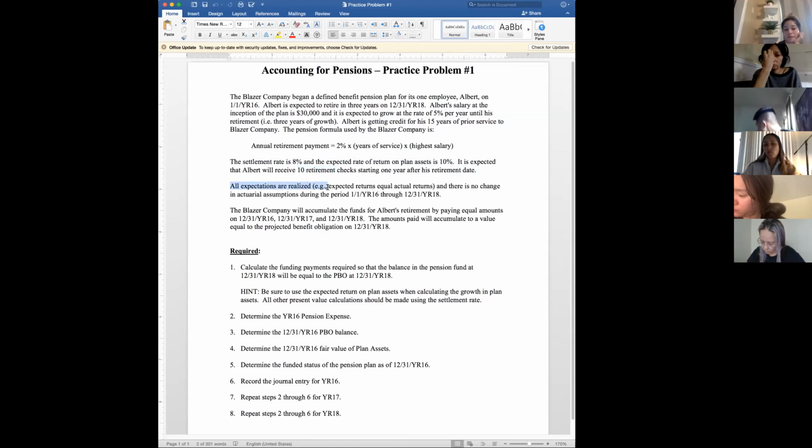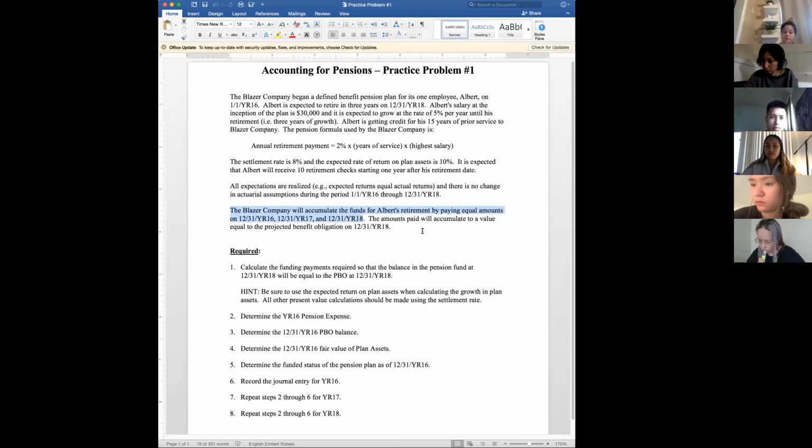All expectations are realized, and there is no change in actuarial assumptions during the period 1/1/16 through December 31/18. So this is to simplify the problem. We do not go into any other things other than, I don't think, problem 1. Blazer Company will accumulate the funds for Albert's retirement by paying equal amounts on December 31, year 16, 17, and 18.